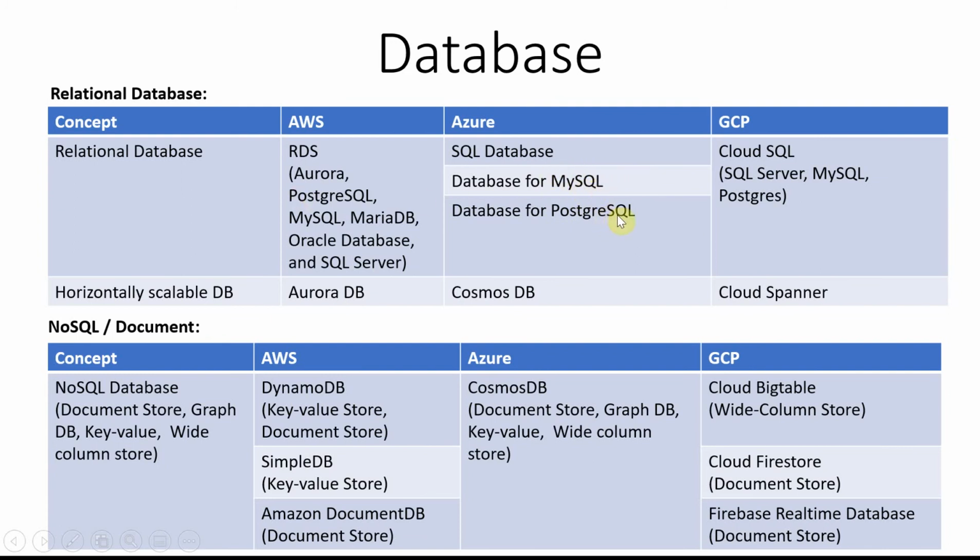MySQL and Postgres are community-driven projects, and the source code is not completely owned by the cloud vendors. So they will have some limitations in terms of horizontal scaling. But if your requirement is a highly scalable DB, then you should go to the proprietary versions of the respective cloud vendors.